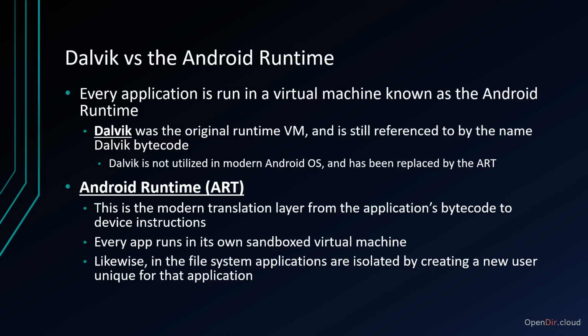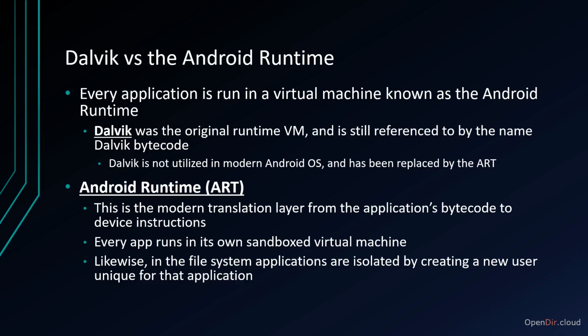Every single application in an Android phone runs in its own sandbox virtual machine. Every application is assigned its own folder with its own owner, which we'll get to in the next slide, which allows the applications to be sandboxed from each other. So by default they're not allowed to interact with each other.